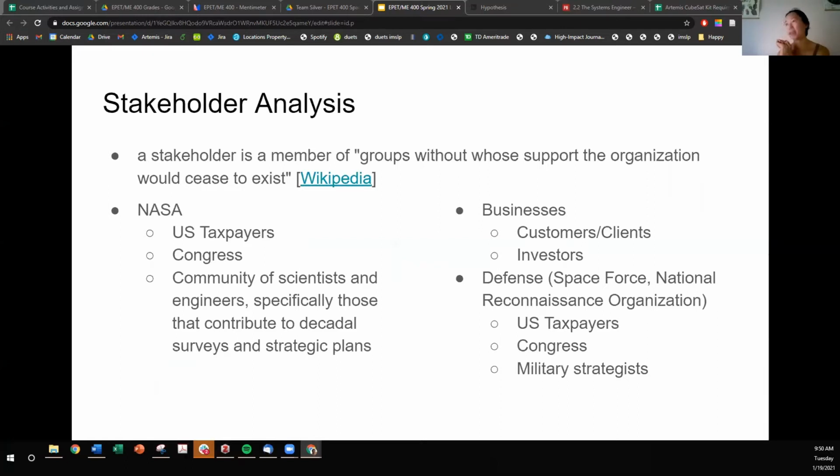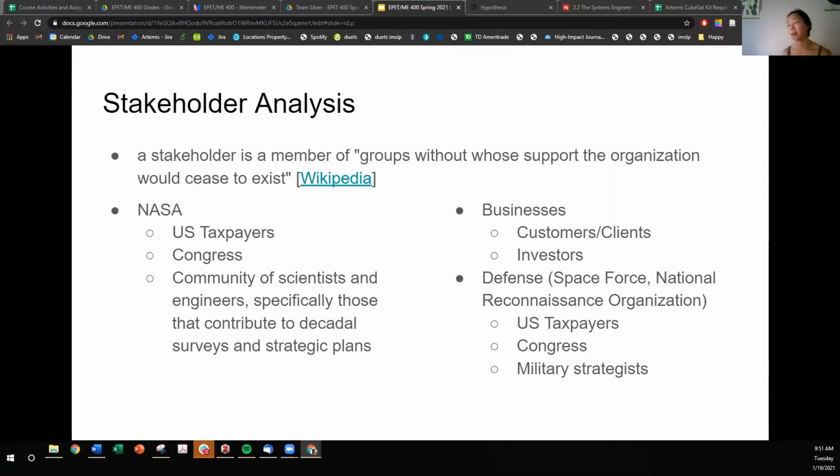The first phase is a stakeholder analysis. A stakeholder is a member of groups without whose support the organization would cease to exist. So some examples for NASA, the different stakeholders are US taxpayers, Congress, and the community of scientists and engineers who contributed to the decadal surveys and strategic plans.